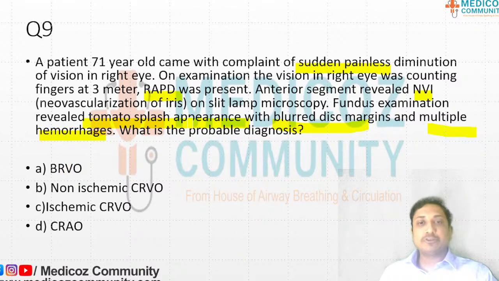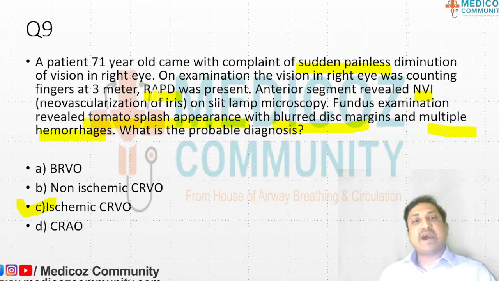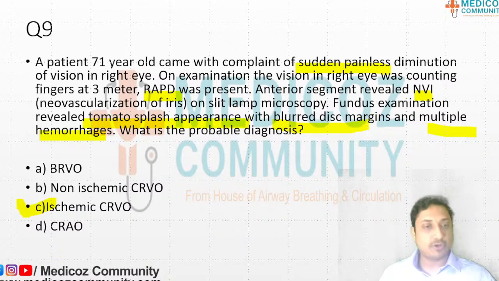We cannot see a tomato splash appearance in branch vein occlusion because only one branch will be affected. We are seeing a tomato splash appearance with RAPD. That means we are dealing with ischemic CRVO and not non-ischemic CRVO, because non-ischemic CRVO is a milder form than ischemic CRVO and RAPD will not be present in that. The CRAO question we have already seen, so it is not central retinal artery occlusion. Okay.